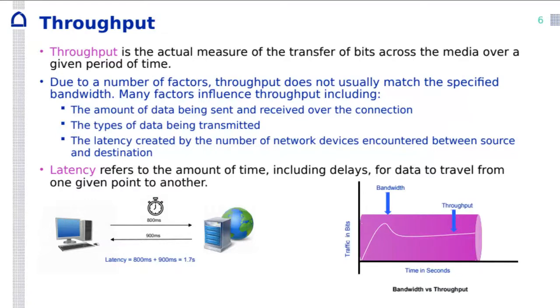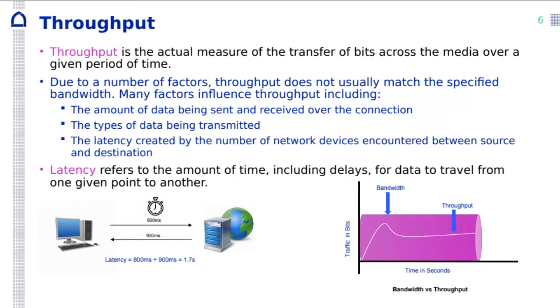What is latency? Latency refers to the amount of time, including delays, for data to travel from one given point to another. Okay. This is bandwidth, this is throughput. So you see it's less, usually it is less. Latency is the amount of time, including delays, for the data to travel from one given point to another.